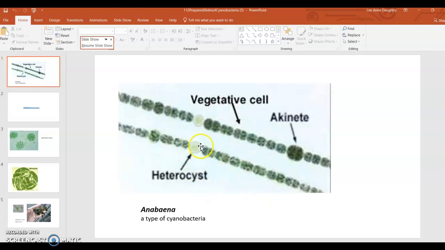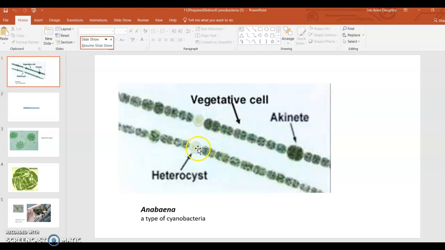There's a question about the function of a heterocyst. Most of the cells that are connected to form the filament are vegetative cells. So these cells along here are vegetative cells, and vegetative cells are just the ones that divide. They're the cells that help the Anabaena filaments grow longer in length.